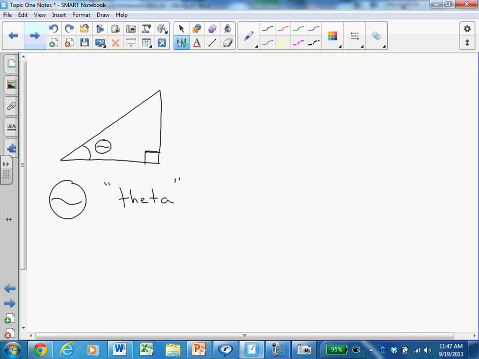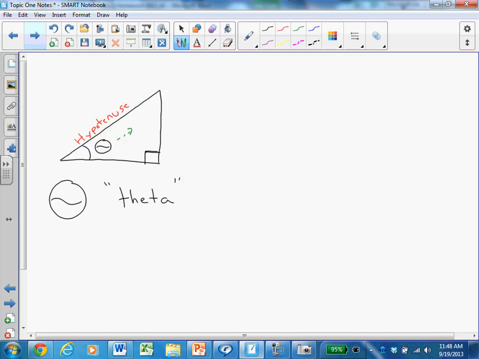Okay? Now, we have the sides of the triangle. What is this side called right here? The hypotenuse, right? Anyone know what we would call this side over here in relationship to theta?